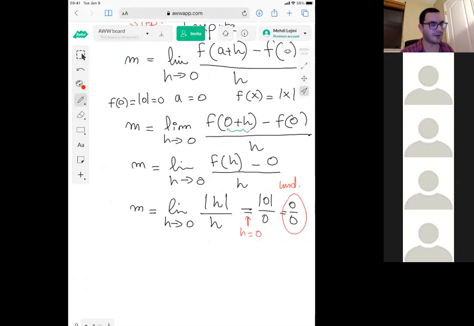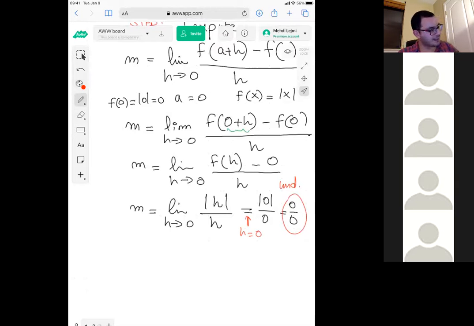So we need to find another way to compute this limit. Remember guys, this is like having an absolute value in the limit. We had a couple of problems where you had to compute the limit with the absolute value.